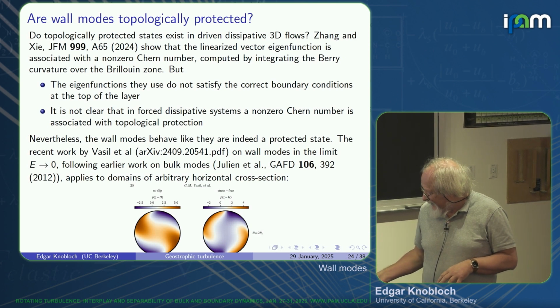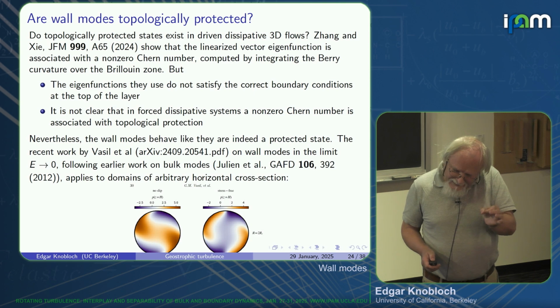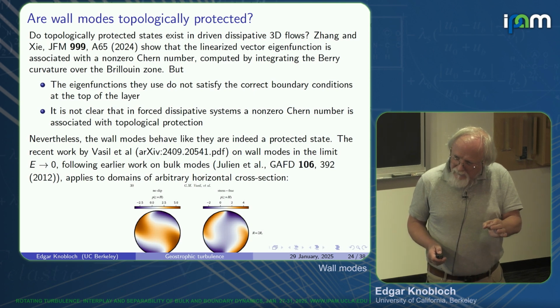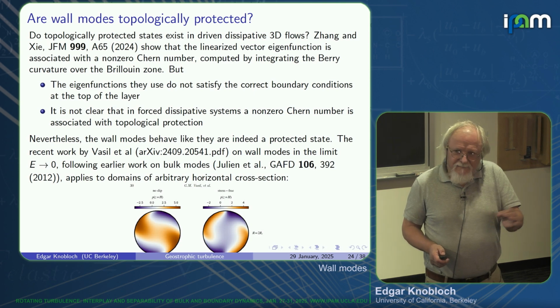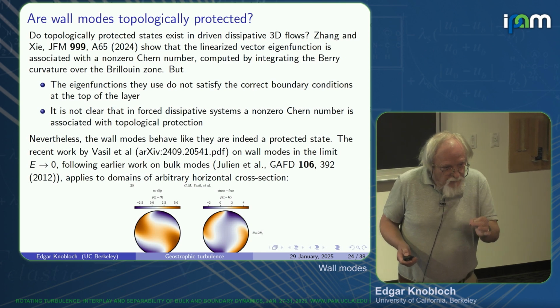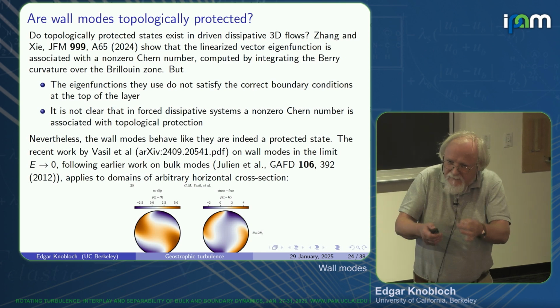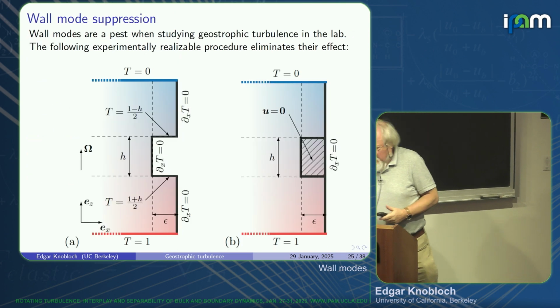So this is not exactly an arbitrary horizontal cross-section, but the idea is that the horizontal scale of the structures at the wall is so small that you can change the boundary and the system doesn't know, because the scale on which it's operating is even smaller than the curvature in the boundary. So that's kind of what's behind that.